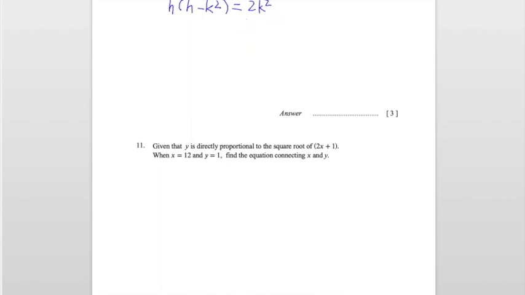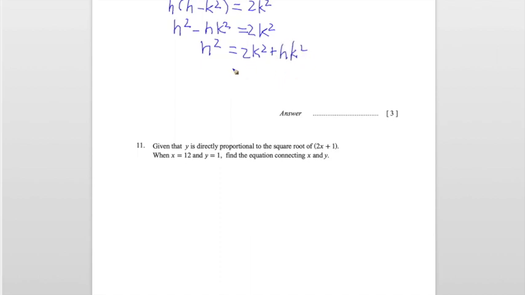Now we want to make k the subject of the formula, so all the k terms must be brought together. But this k term is in the brackets, so the first thing to do is to open up the brackets. So now we need to bring all the k terms together. So we have h squared equals 2k squared plus hk squared.